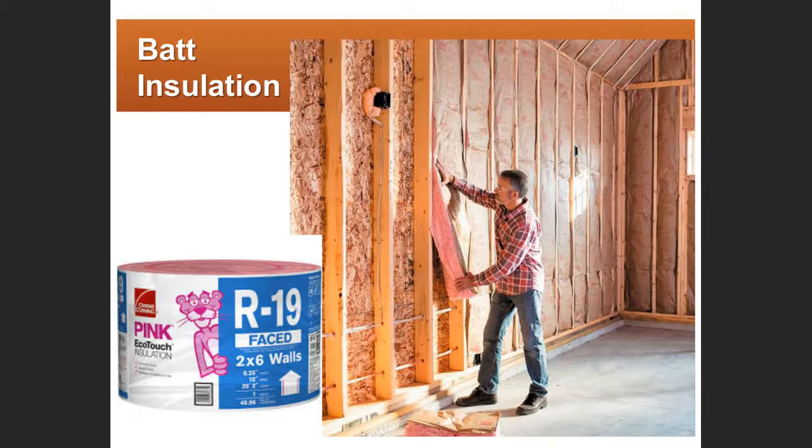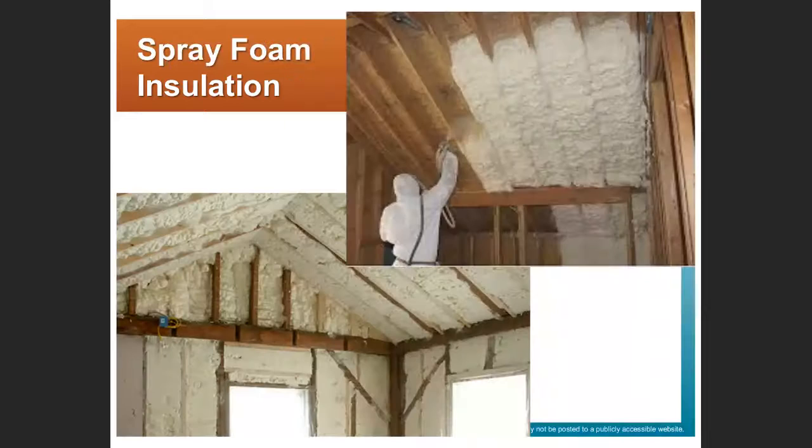Okay, so here's batt insulation, R19 batts being used in a wall. Here is spray foam insulation. Again, this has some advantages. Spray foam insulation is good if you have odd or irregularly sized or shaped spaces that you're trying to insulate.